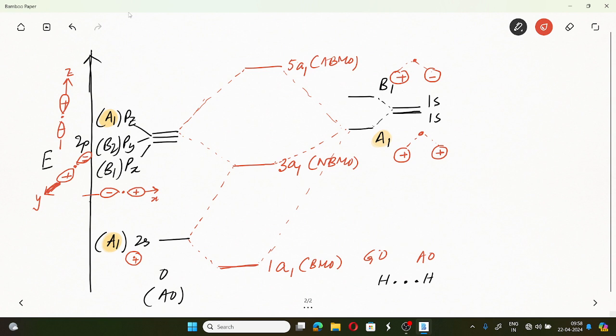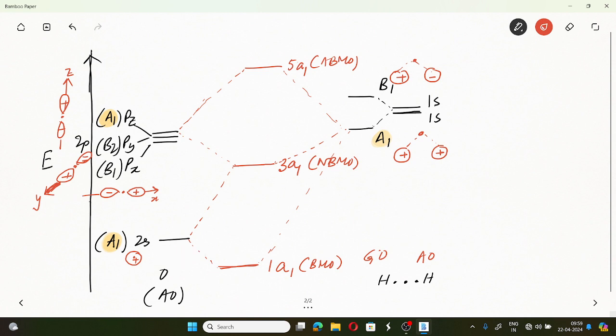So if you want to look at the shape of this orbital 1a1, it has very high contribution from this 2s, and there is in phase combination with a1, isn't it? Since this is a bonding molecular orbital, there is in phase combination between a1 and primarily 2s.